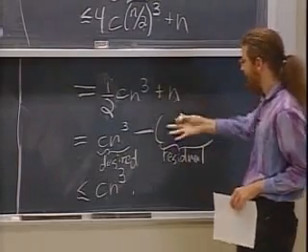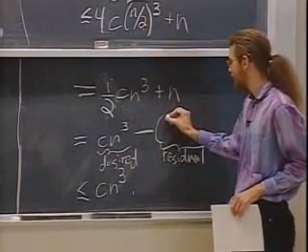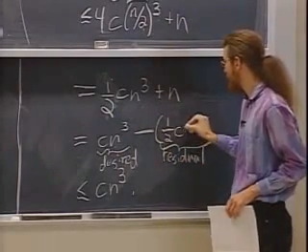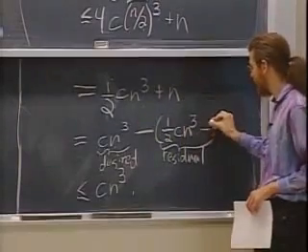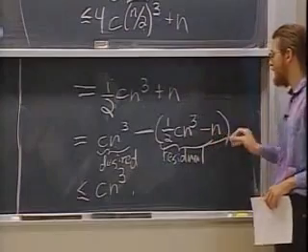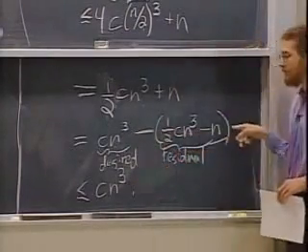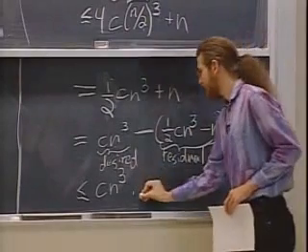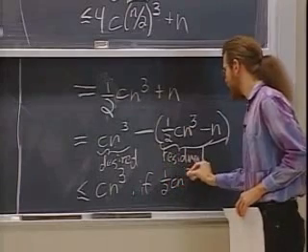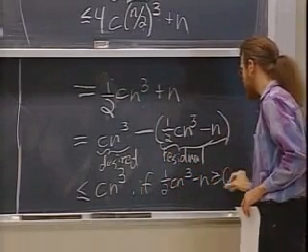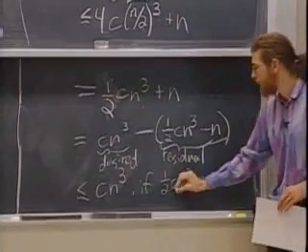So now I have to actually figure this out. We have c n cubed, but only half c n cubed here, so I need to subtract off half c n cubed to get that lead term correct. And then I have plus n, and there's a minus here, so it's minus n. And that's the residual. In order for this to be at most this, I need the residual to be greater than or equal to 0, which is pretty easy to do because here I have control over c.